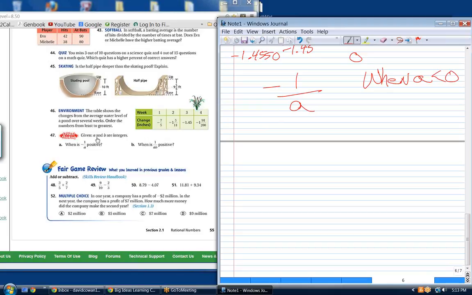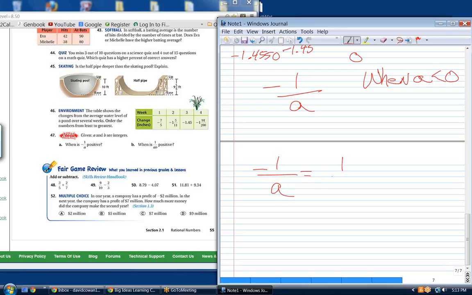When they say a and b are integers, 0 is actually an integer, so they should have said given a and b are non-zero integers. But nonetheless, whenever a is negative, this quantity would be positive because you would have a negative divided by a negative.